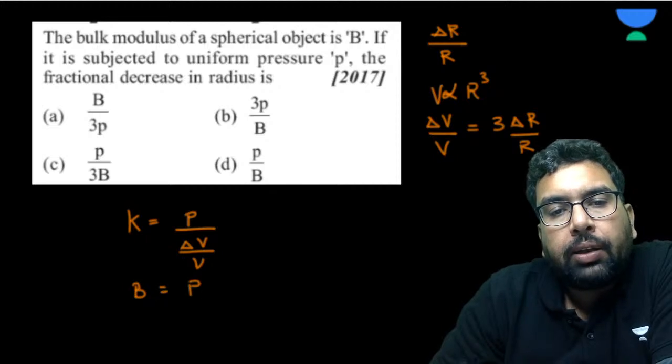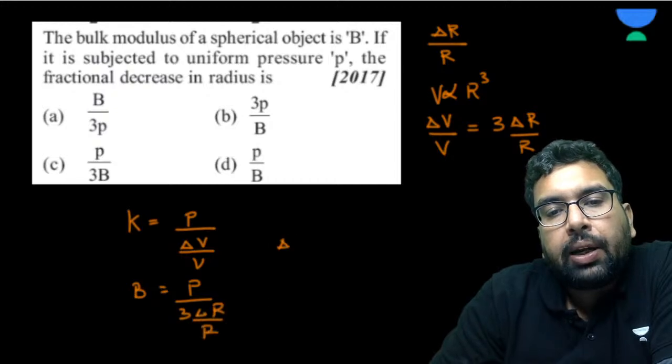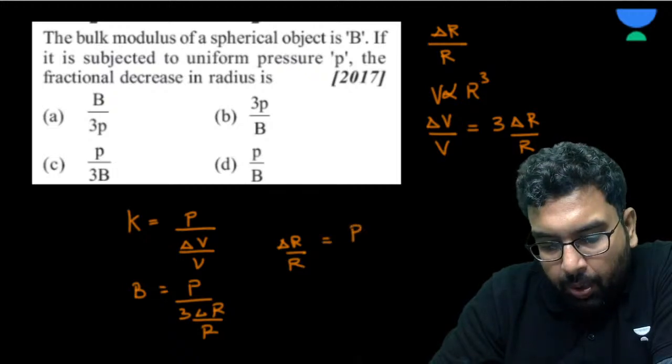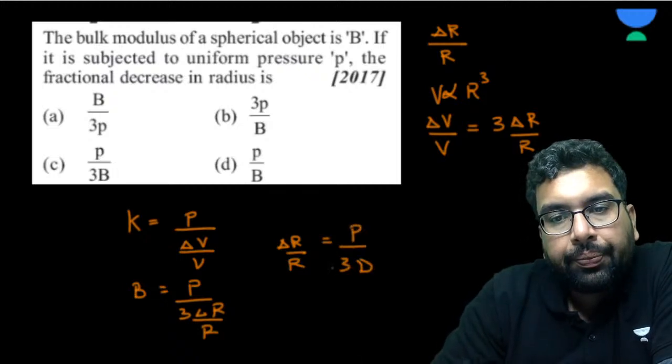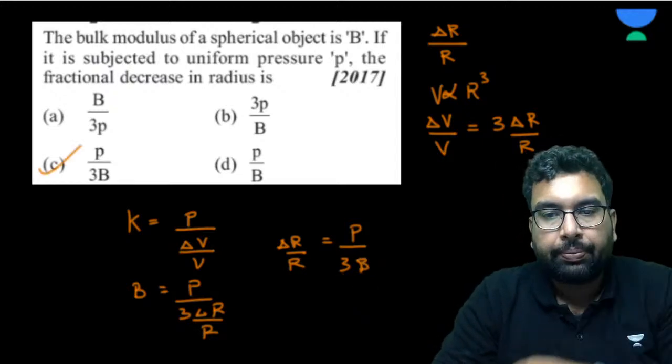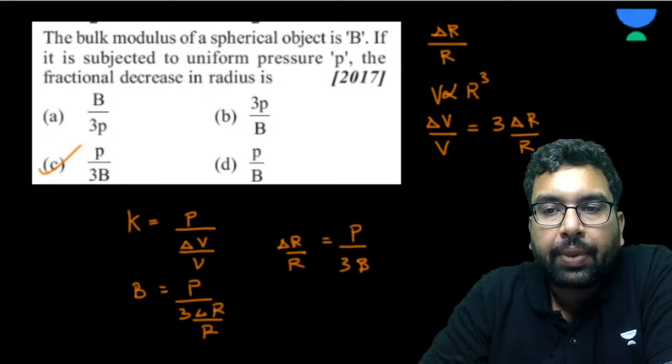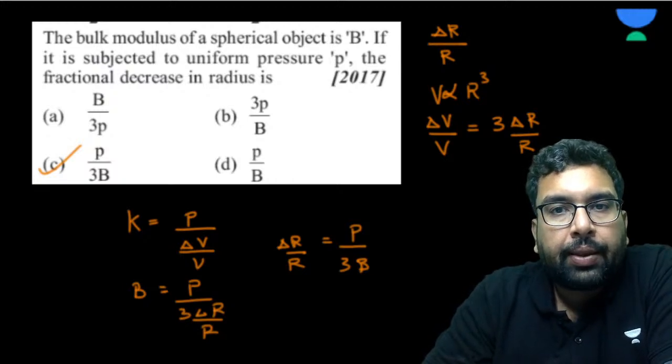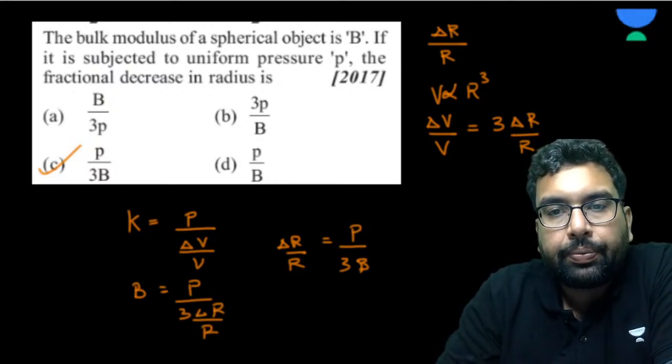In books normally they say B or sometimes they say K, it doesn't matter. So 3 delta R by R, so simply delta R by R is equal to P upon 3B, that is your C option. I hope it is fine to everyone, right? Yes or no? Please answer me.